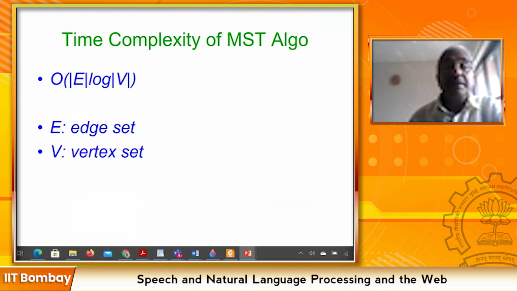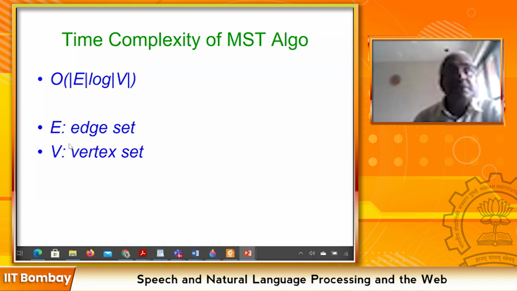Now, the time complexity of the MST algorithm, the minimum spanning tree algorithm, is order of number of edges times log of number of vertices. E is the edge set, V is the vertex set.